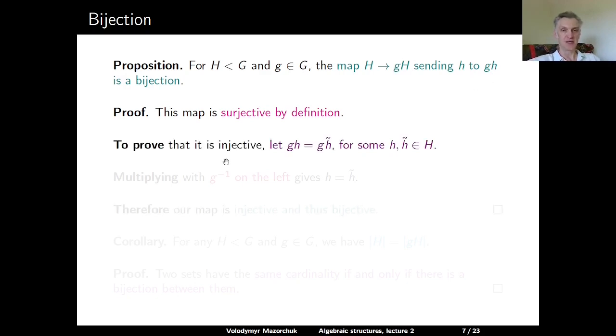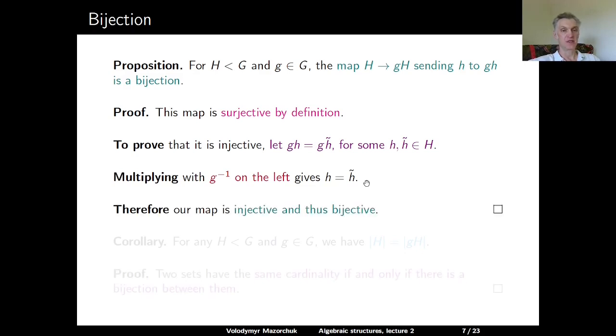To prove that it is injective, let us assume that gh is equal to gh tilde for some h and h tilde in our subgroup. If we now multiply with g inverse on the left, then g will disappear and we will get h is equal to h tilde. And this means that our map is injective, and so it's surjective and injective, and thus is bijective.